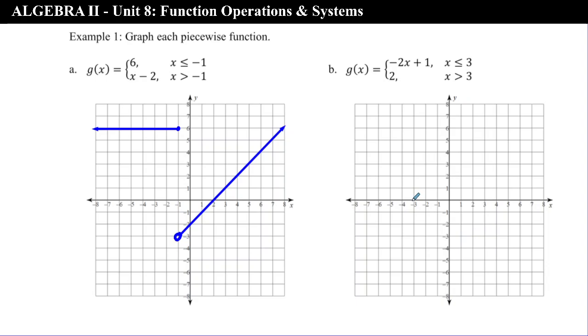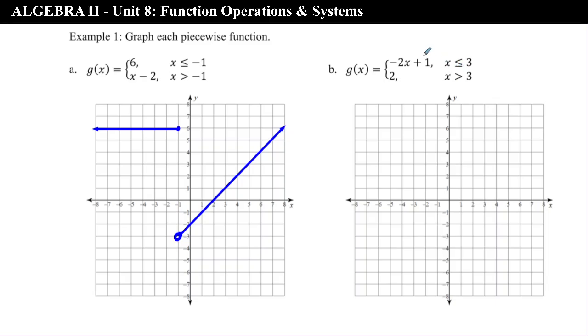All right, let's move on to b. For b, we have g of x equals negative 2x plus 1 when x is less than or equal to 3, and 2 when x is greater than 3. So let's start off with the less than or equal to 3 part.